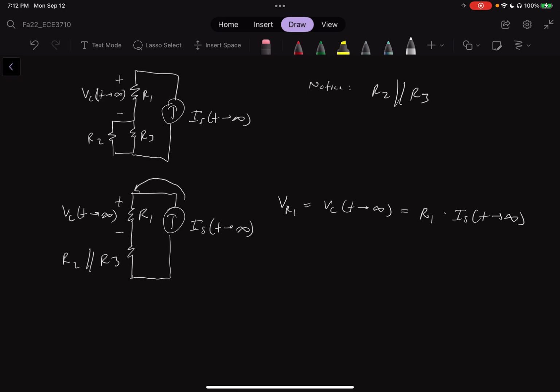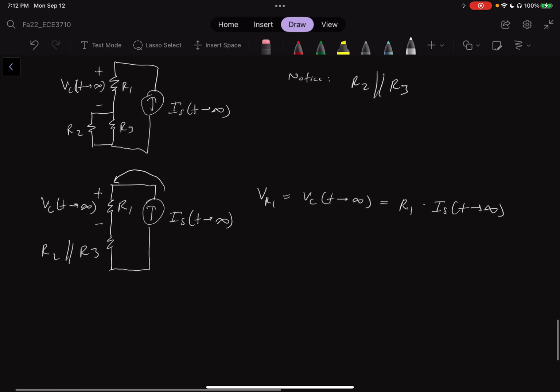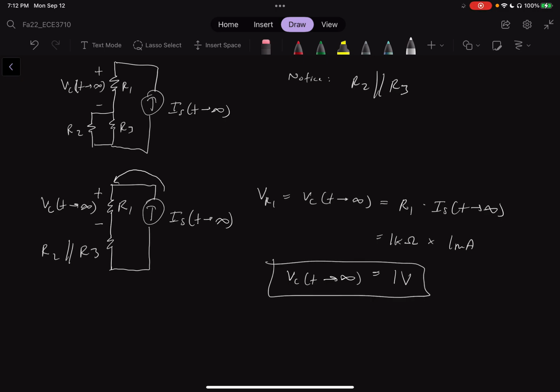And that is going to be equal to what? What were the values again? 1 kilo ohm times 1 milliamp. 1 volt is equal to the voltage of the capacitor as time approaches infinity. Good job.